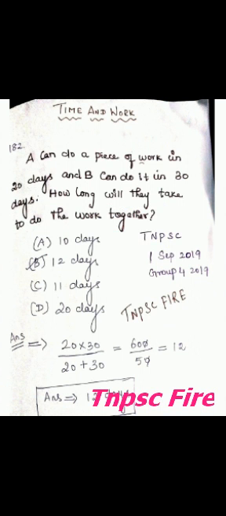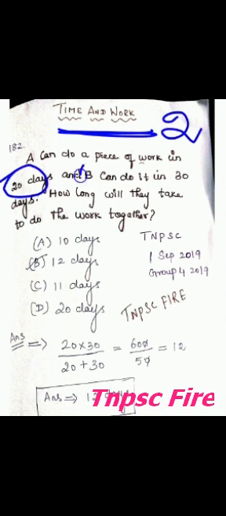Here A can do a piece of work in 20 days, B can do it in 30 days. How long will they take to do the work together? They always give two values in time and work questions. A is 20, B is 30.